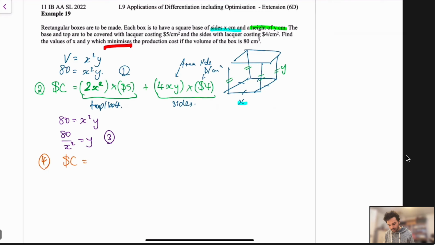Cost is equal to, and I'm just going to expand this first, 10x squared plus 16xy. Then I'm going to sub in.